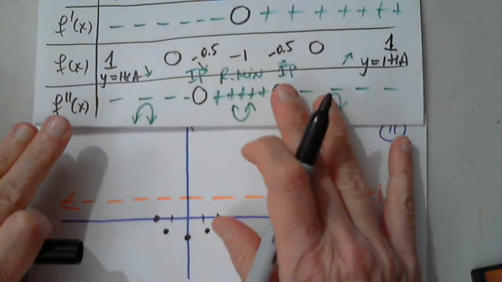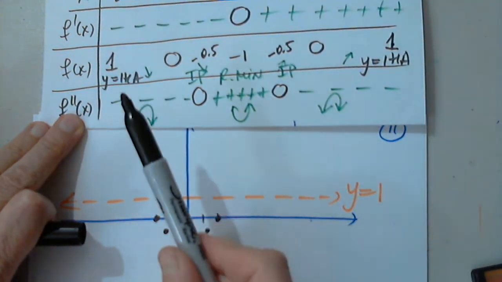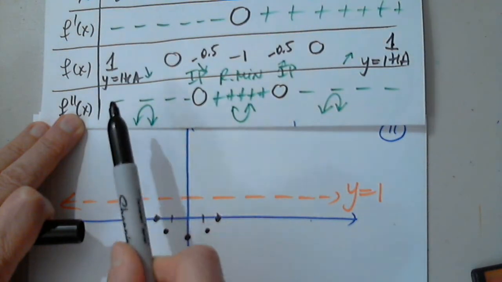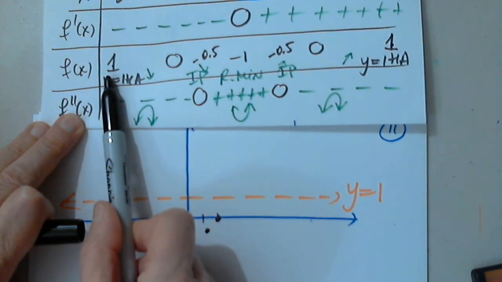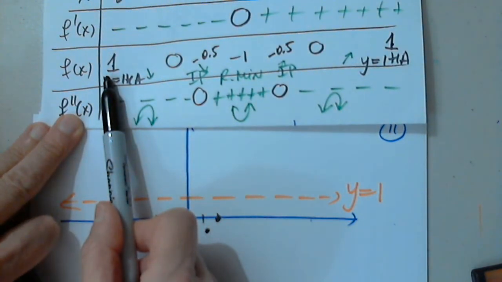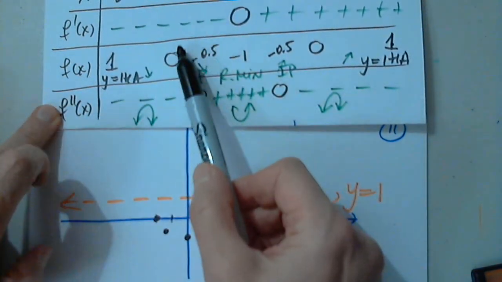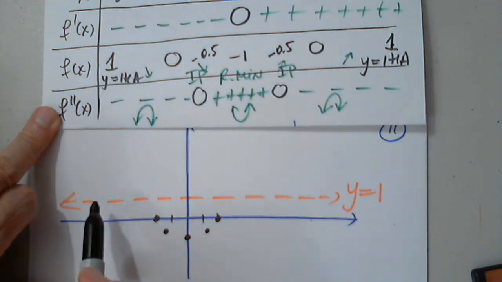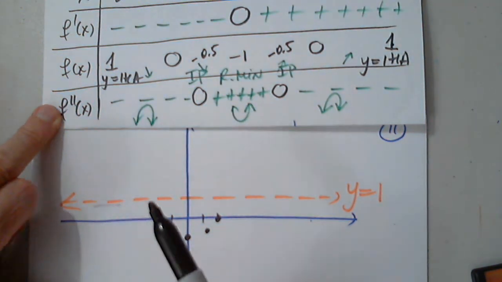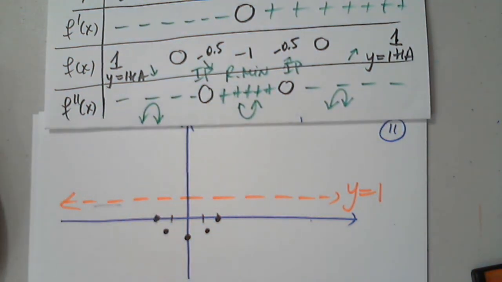Nothing else. So now I start opening down, decreasing, from 1, from the horizontal asymptote, to the x-intercept. Okay.